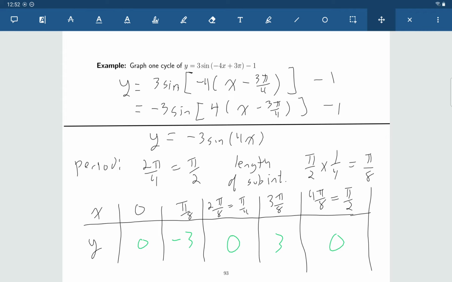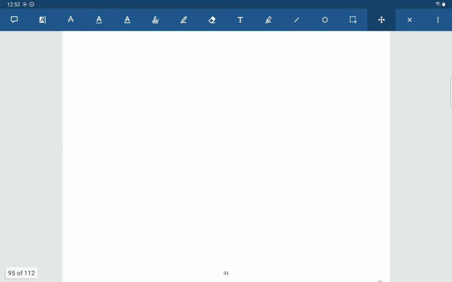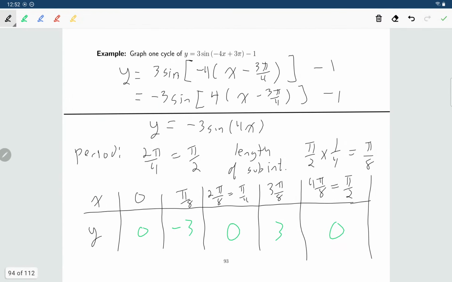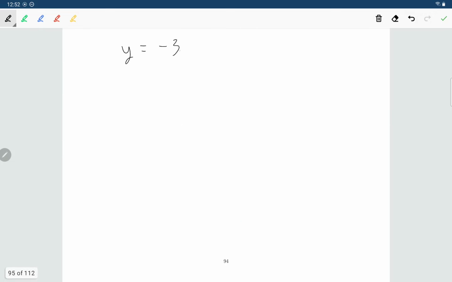And now if we're looking at the function that we're actually interested in, which is y equals negative 3 sine of 4 times x minus 3/4 pi, minus 1, I'm going to have to do two things here.